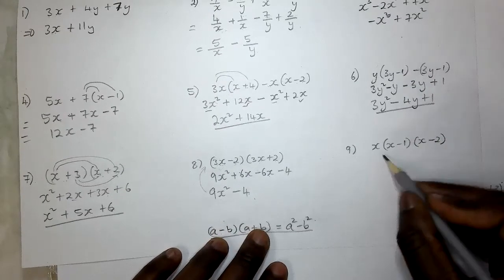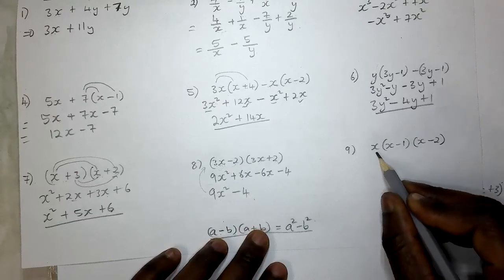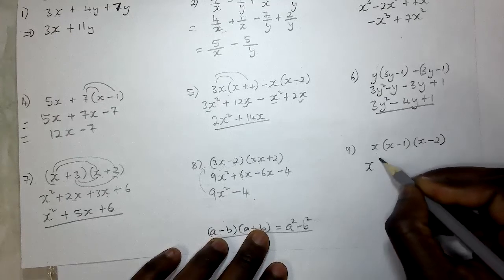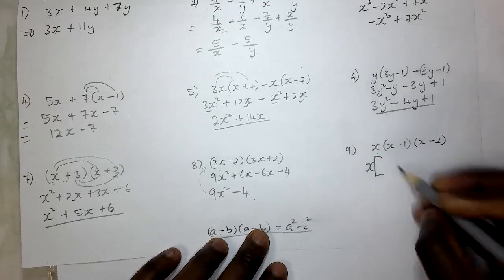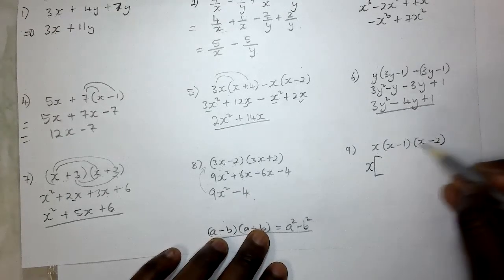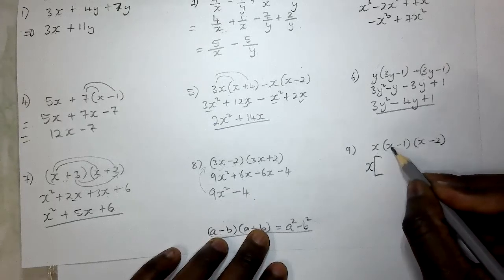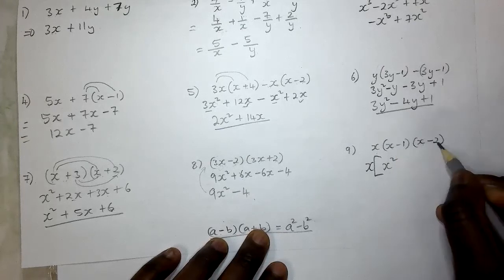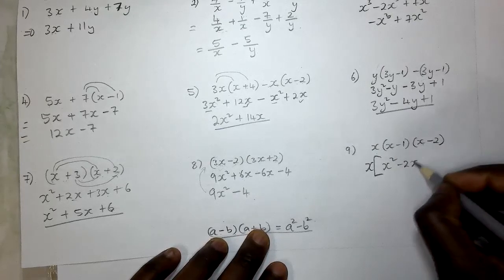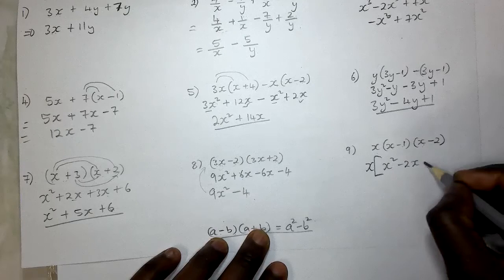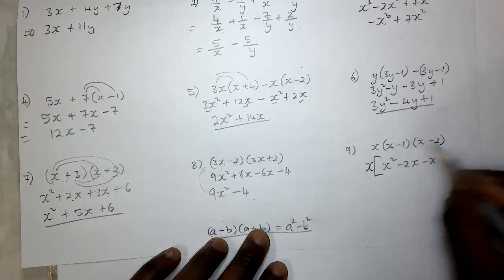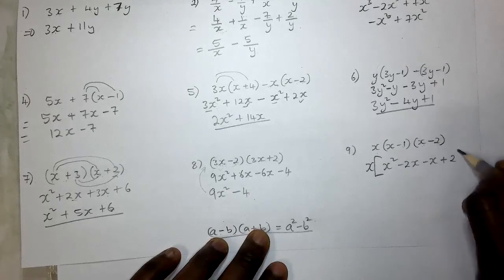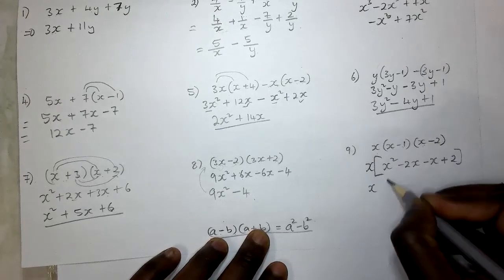But now let's see what we have here, in a third part. What must we do first? We must deal with this first. So we must open a bigger bracket here to show that you still need to work out inside here. Now, we're going to have x times x, we're going to get x squared, then x times negative 2, negative 2x, negative 1 times x, we're going to get negative x, negative 1 times negative 2, we're going to get plus 2. Then we close like that, times x. Then what do we have here?